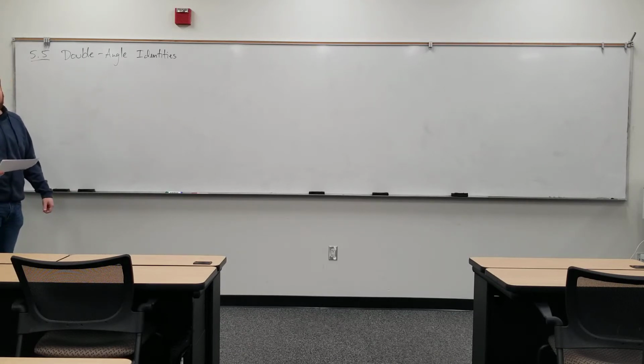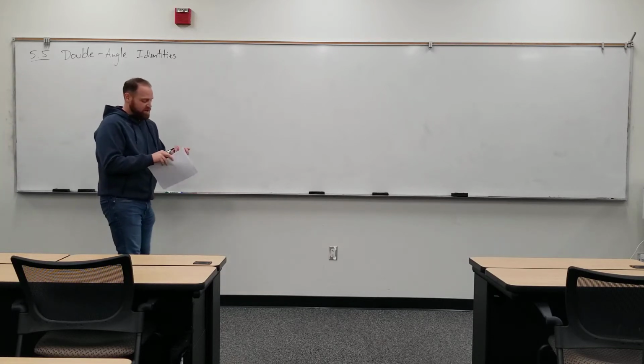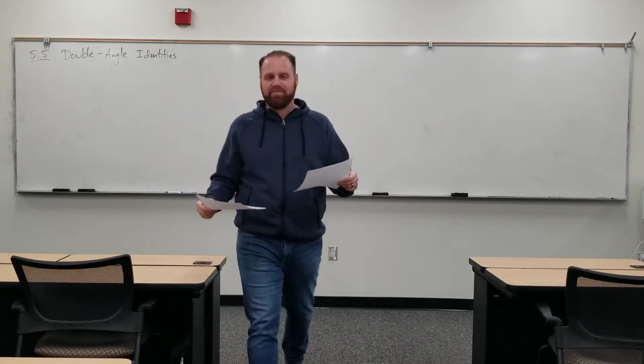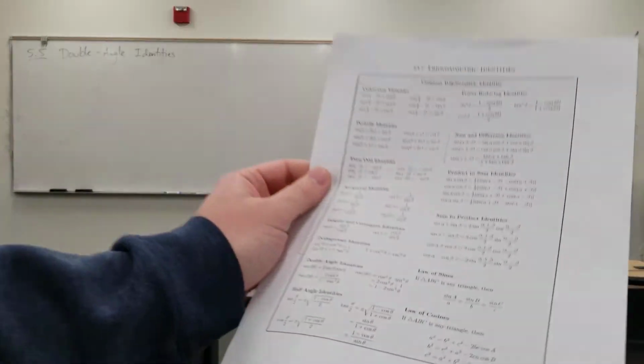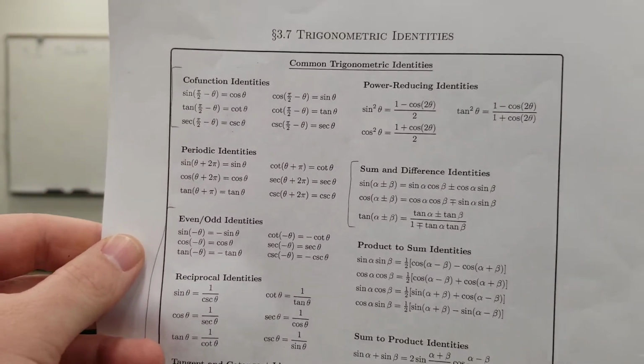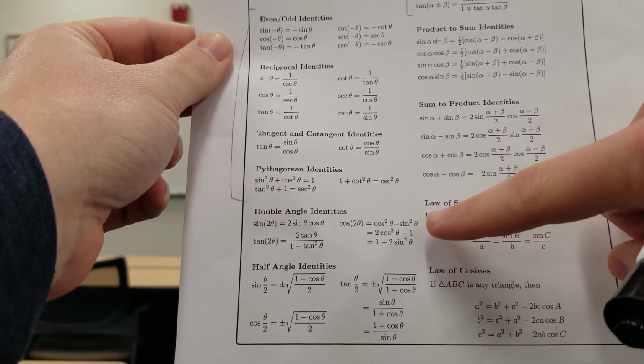So without any ado whatsoever, actually, let me say this. Let me show you what it is that we're working on. I'll stand behind the camera so that I can make sure that you can see what I'm pointing at. So we're going to be looking at the double angle identities here, okay?